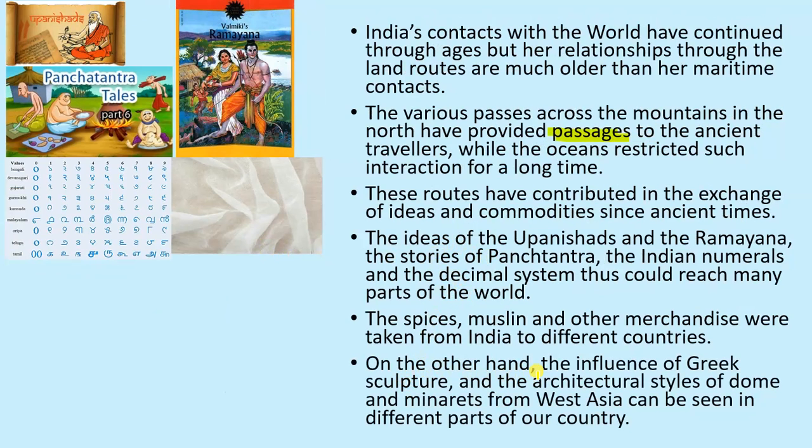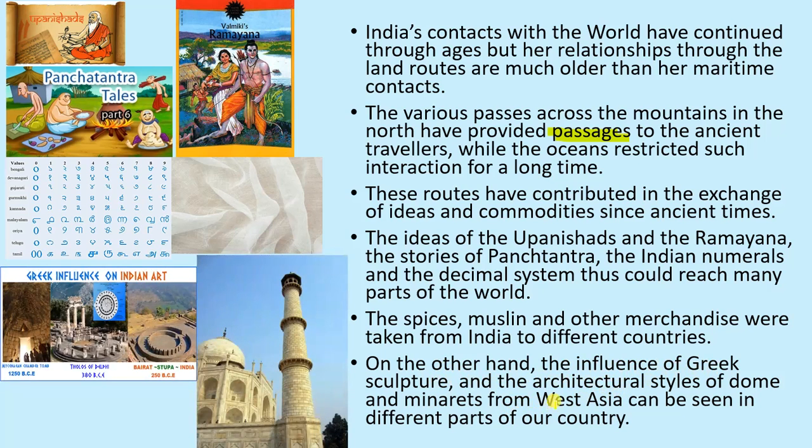On the other hand, the influence of Greek sculpture and the architectural style of domes and minarets from West Asia can be seen in different parts of our country. All these sculptures we can see in our country have come from different parts of the world. By this information you can understand how Indian relations were with other parts of the world.